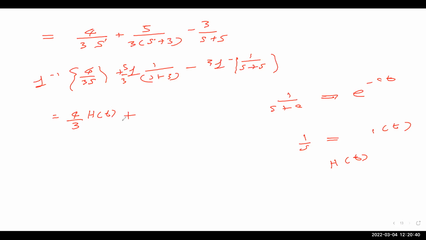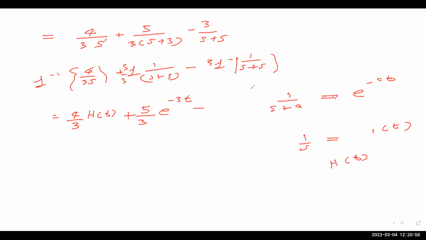Plus, this part is 5/3 times 1 over s plus 3. We can write it in this format because a is 3: e to the power minus 3t.